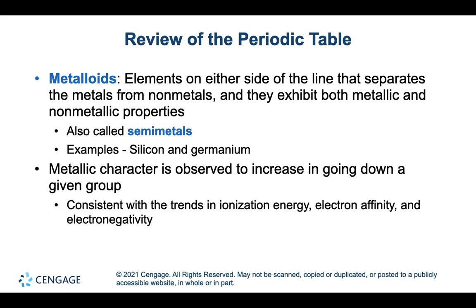Electron affinity decreases, so metals don't tend to add electrons. And then electronegativity decreases, so that when metals bond with nonmetals or other metals, their tendency to attract the shared electrons is less than you would see for a typical nonmetal. Lower ionization energies, lower electron affinities, lower electronegativities. That would be what we mean by more metallic character.